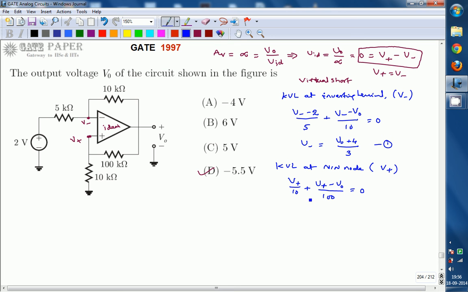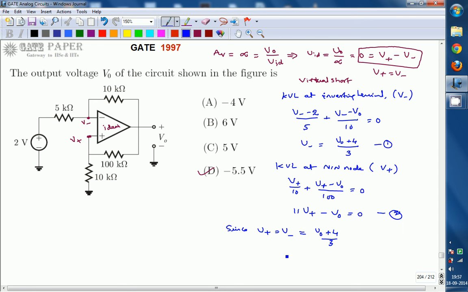If you simplify, 11 times V plus minus V0 is equal to 0. And V plus is equal to V minus, and V minus is equal to V0 plus 4 by 3. Substitute this value in the above equation 2.